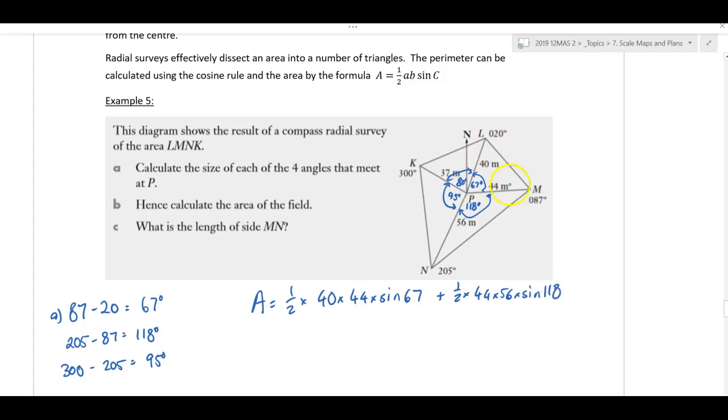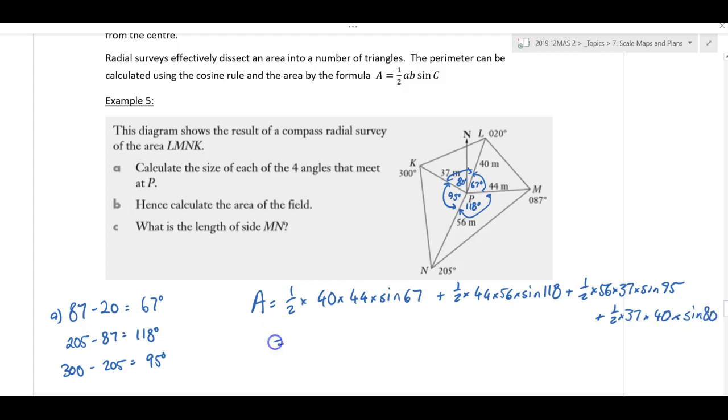That's this area here, then this area here, and we'll keep going, plus half times 56 times 37 by sine 95, and also plus half by 37 by 40 by sine 80.